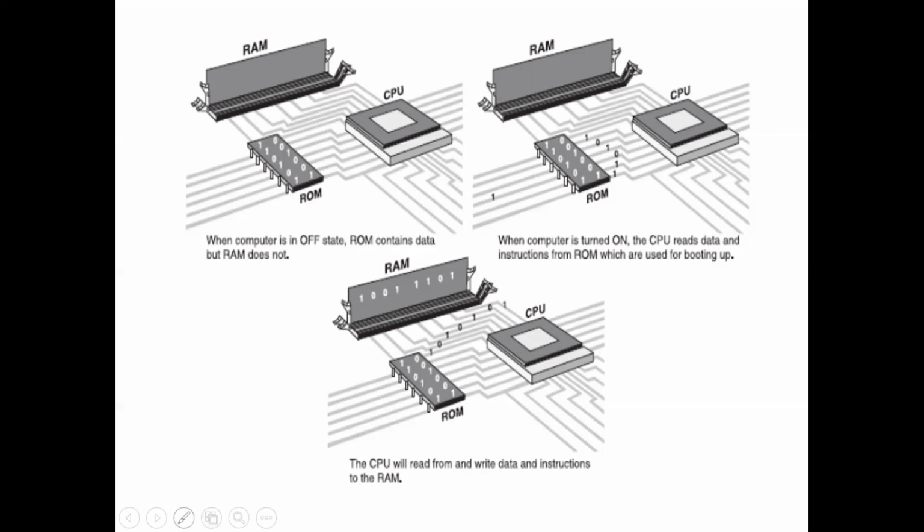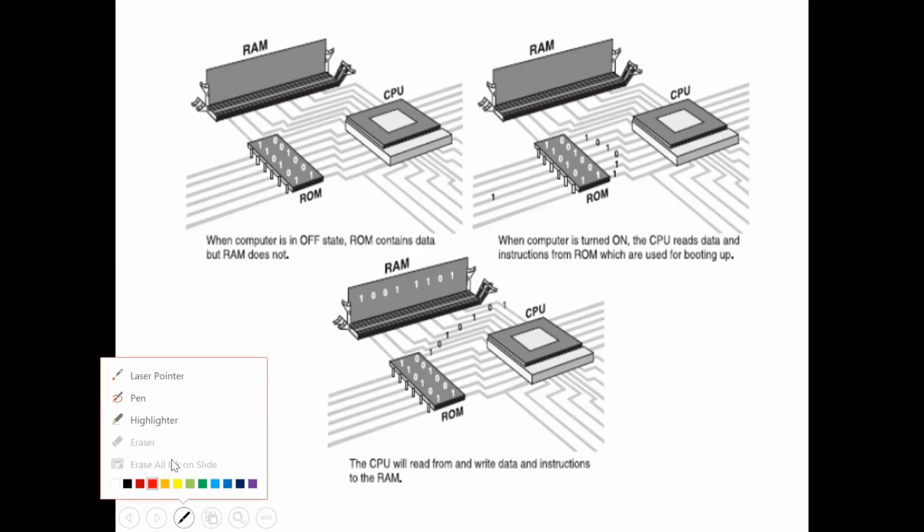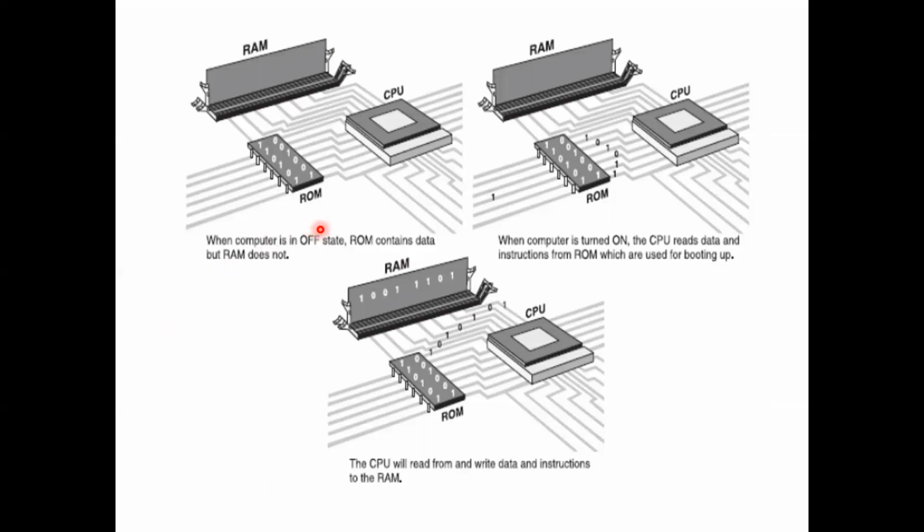See here, the computer is now off. Now there is nothing in RAM, everything is erased. Now if we see ROM, the content is there. Now when the computer is turned on, the CPU needs to read the data and instructions from the ROM for booting up. Now see, the computer is opening up.